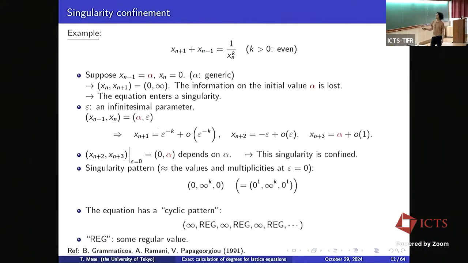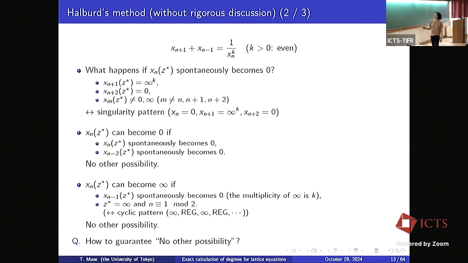Because of the singularity pattern, xn plus 1 is infinity to k, and xn plus 2 is 0. And other iterates are non-zero, non-infinity. How to show that? Good question. How to guarantee no other possibility? I won't explain this because this is without rigorous discussion. But this is a fact.